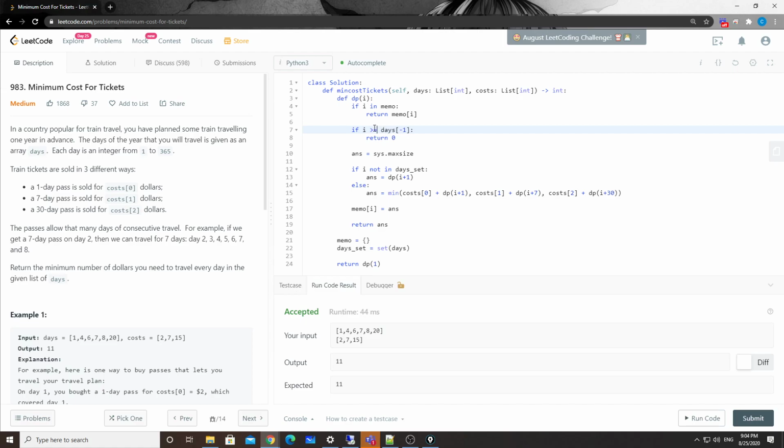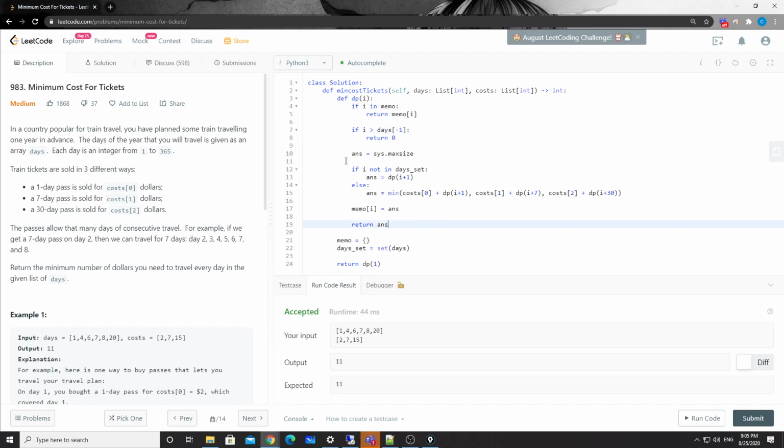If we use an equal here, what if the I happens to be the last day? Then we simply return 0, which is not correct, because on the last day, what if we want to travel? Probably we might also need to buy 1 day tickets. That's why instead of greater or equal than the last day, we do a greater here.